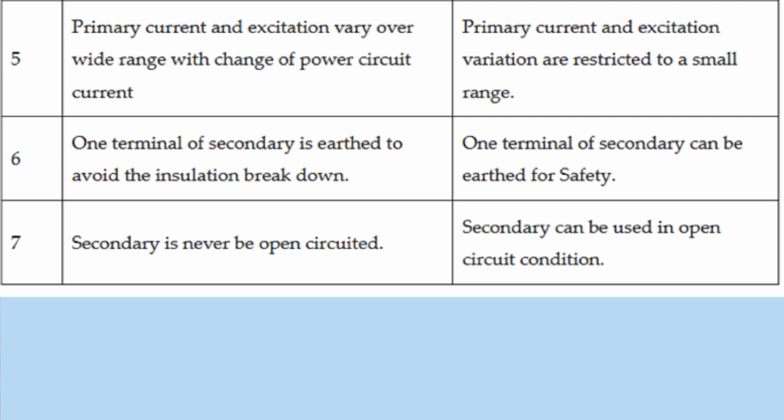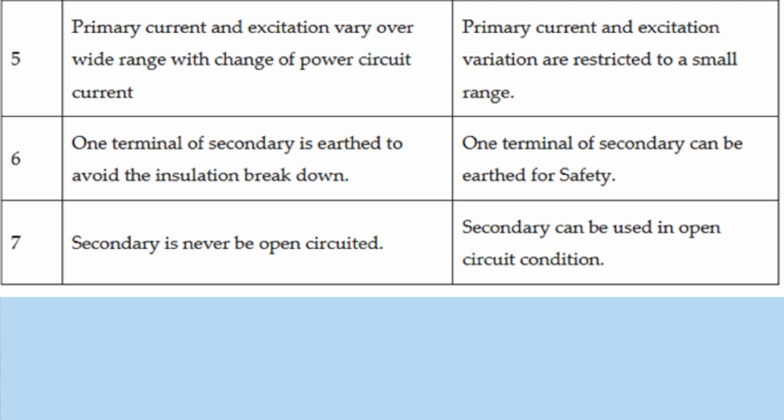Now the sixth point is one terminal of secondary is earthed to avoid the insulation breakdown, and in case of potential transformer, one terminal of secondary can be earthed for safety purpose. Now the final point is the secondary must never be open circuited.